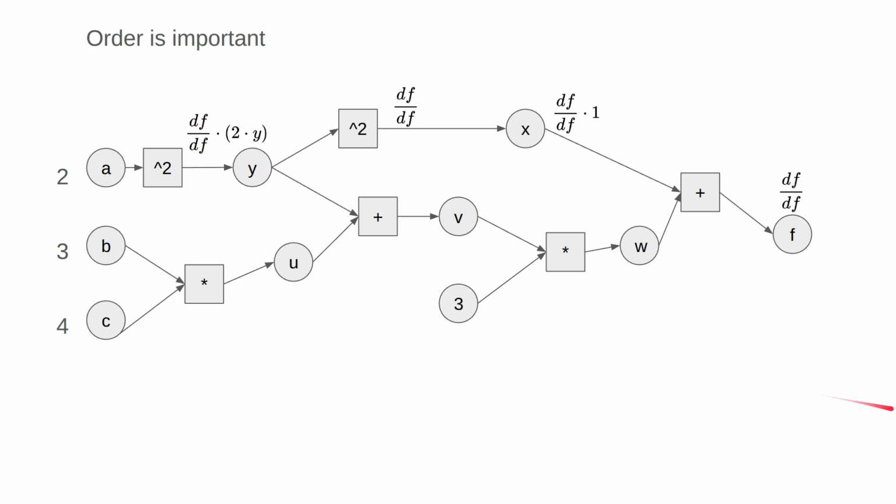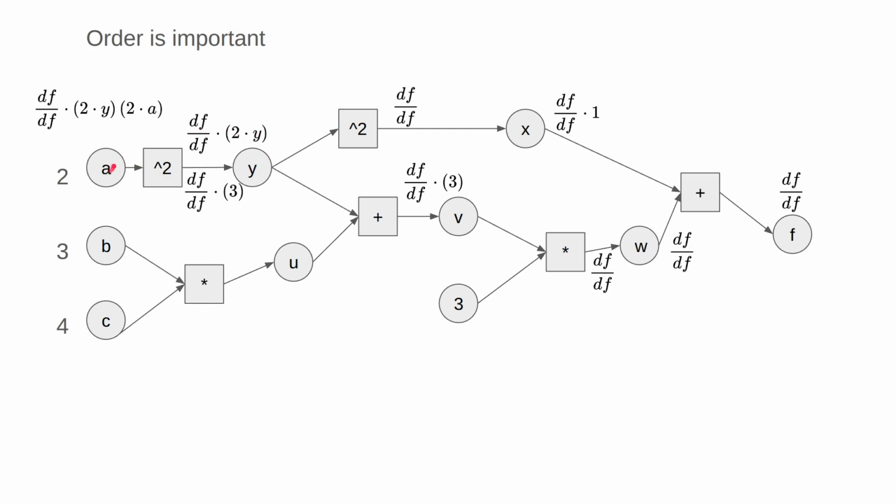Actually, we cannot do that, because if we go through this other branch as well, this time we will have another gradient. For a, we don't know how to change the value here, because a depends on the upstream gradient, which is the gradient of y.